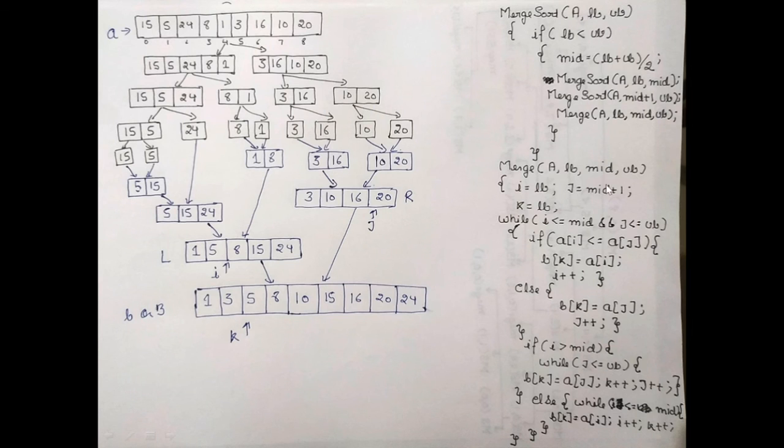Now we are inside this block: 15 is less than 24. So this time b of k will be assigned a of i, which is 15. So 15 is assigned here, and these two are merged now. The value of pointer i is now incremented to 1. Now i is pointing to 1 and j is pointing to 2. And again k will be incremented by 1, so we have gone here.